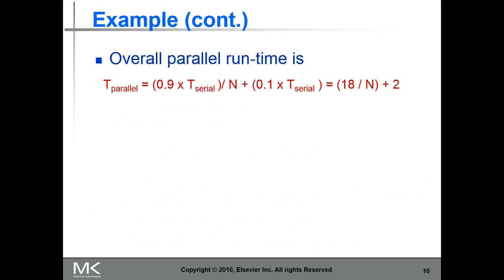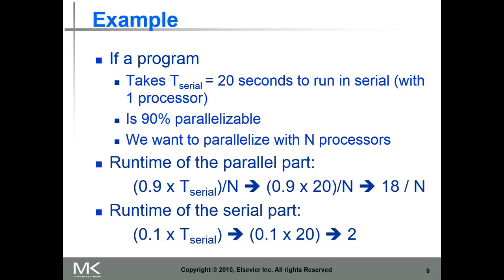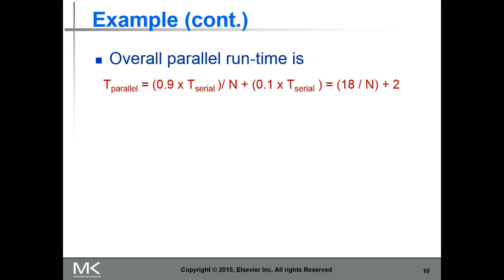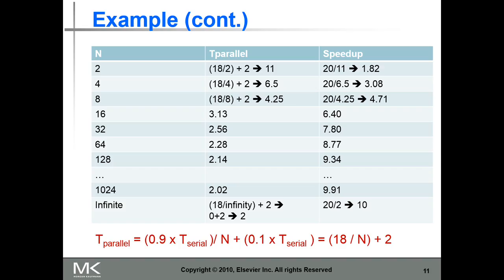All right, so let's see what that says. For this program, under these constraints, we can compute the parallel runtime as t parallel is 18 over n plus 2. I plugged in different numbers of processors, various powers of 2, and computed t parallel.